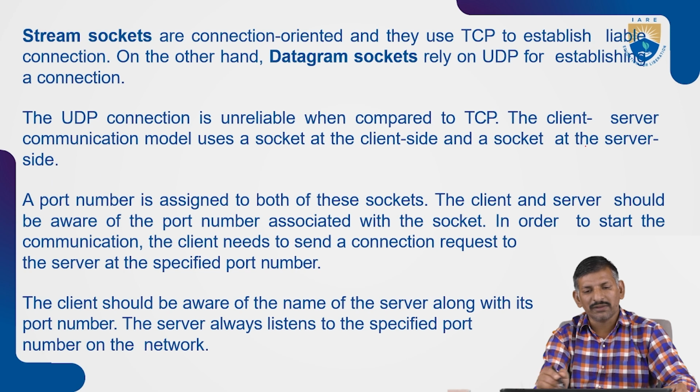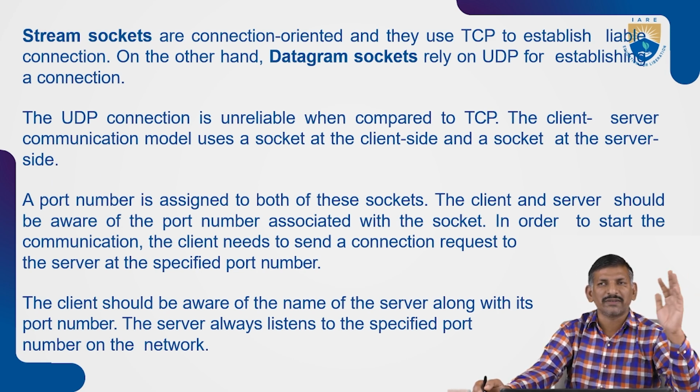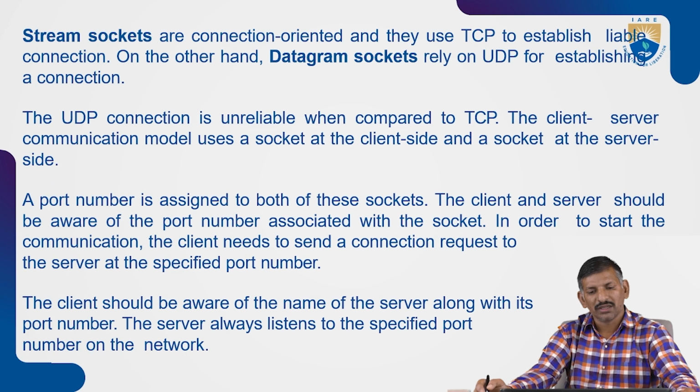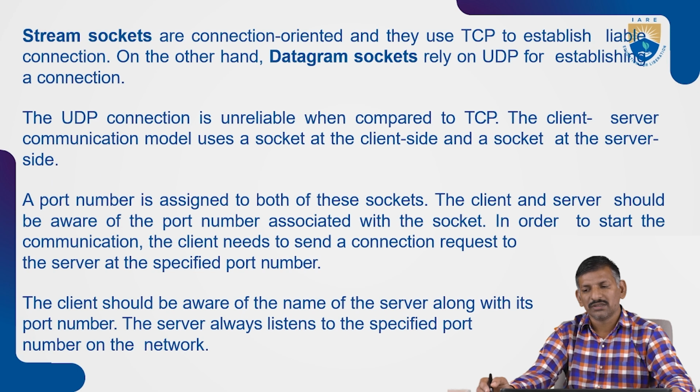So the client-server communication model uses a socket at the client side and a socket at the server side, a total of two sockets. A port number is assigned to both of these sockets. The client and server should be aware of the port number associated with the socket.